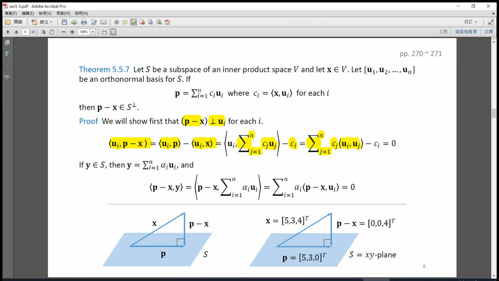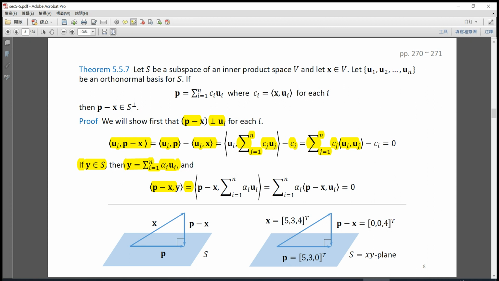Next, we will prove P minus X is orthogonal to every element Y in S. If Y belongs to subspace S, then Y can be written as a linear combination of the orthonormal basis.